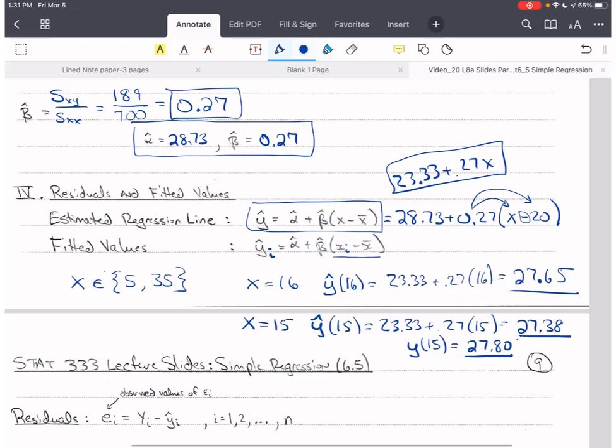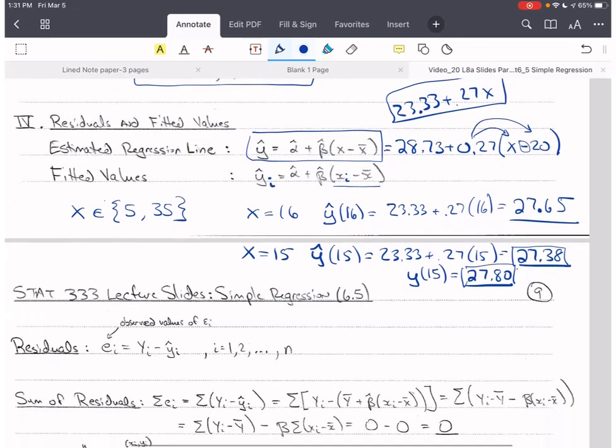So, what we're going to talk about now are residuals, and that is the difference between these two values. We can only calculate residuals for values of x that actually show up in our data, okay? But the residuals, these are the observed values of epsilon i.